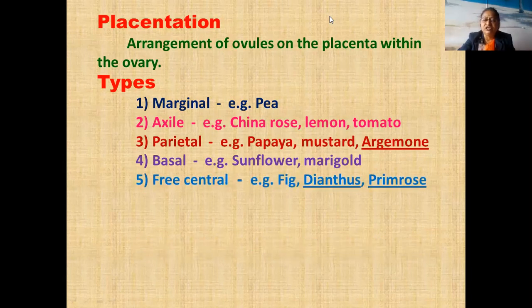Example, dianthus, primrose that is primula. Here ovules are borne on the central axis, but are not attached to the ovary wall.